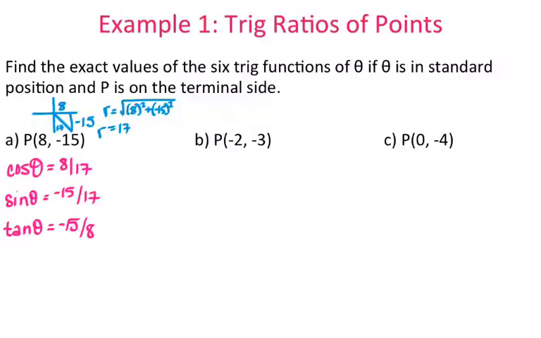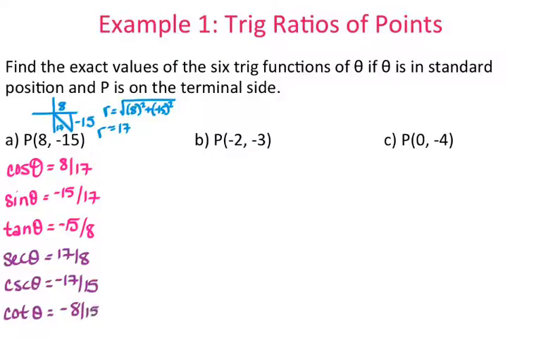So cosine matches up with secant, so that's 17 over 8. Sine matches up with cosecant, so that's negative 17 over 15. And then tangent matches up with cotangent, which is negative 8/15.